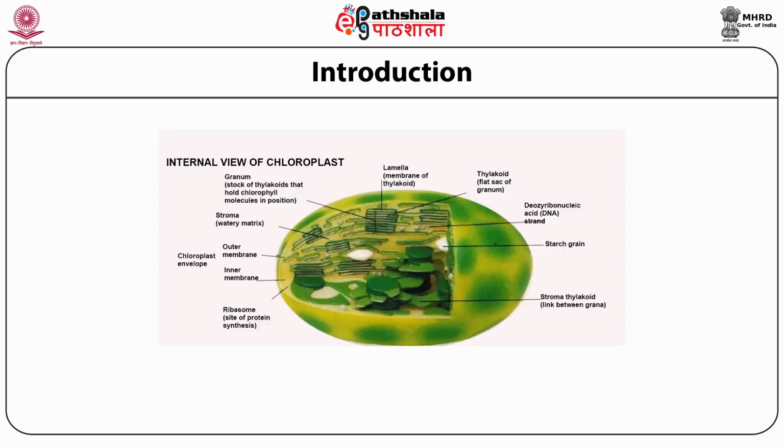The first reaction is the fixation of carbon dioxide using an enzyme, ribulose 1,5-bisphosphate carboxylase. So the primary carbon dioxide is fixed on this ribulose bisphosphate, and the intermediate is split into a 3-carbon compound.